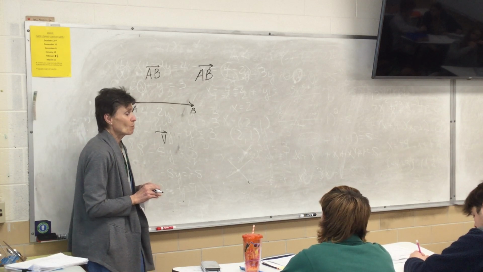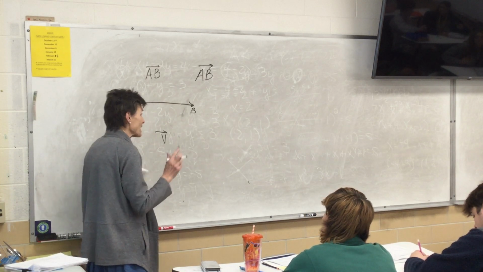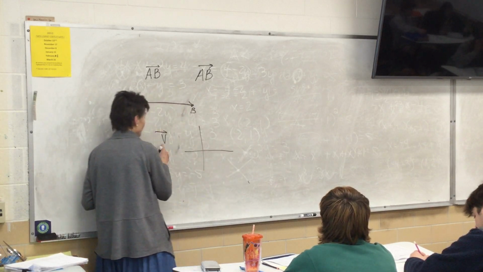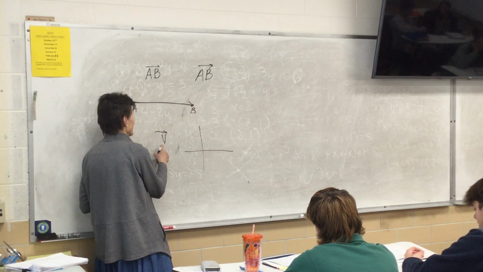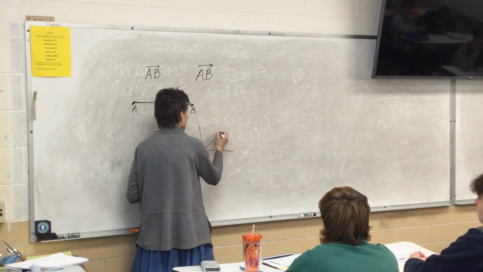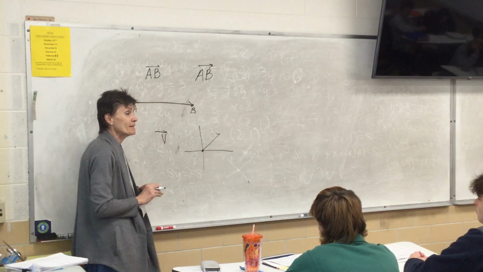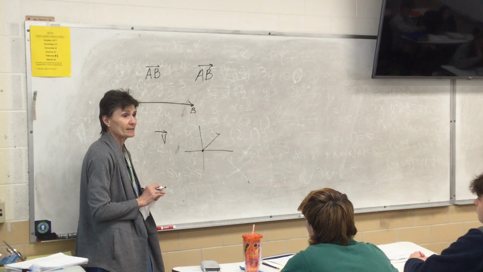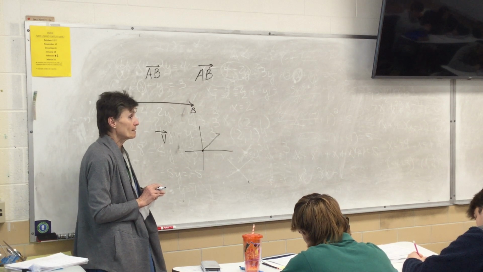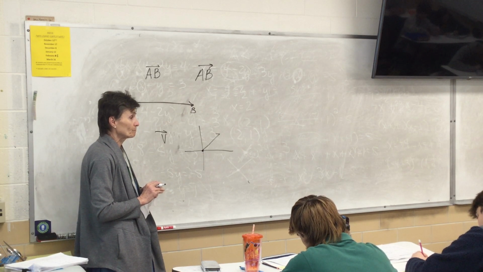So we typically standardize it: if they don't give you specific points, like an A and a B, then you are assuming this is a position vector, which means it begins at the origin.